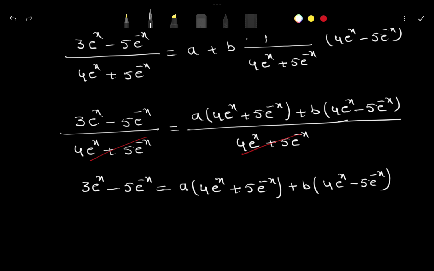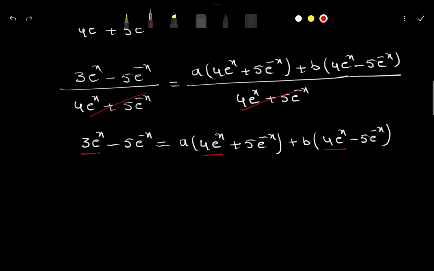Next we compare the coefficients of e^x and e^(−x) on both sides. First, the e^x coefficient: here it is 4a, here 4b, and here 3. So we can write 4a + 4b = 3. Take this as equation 1.